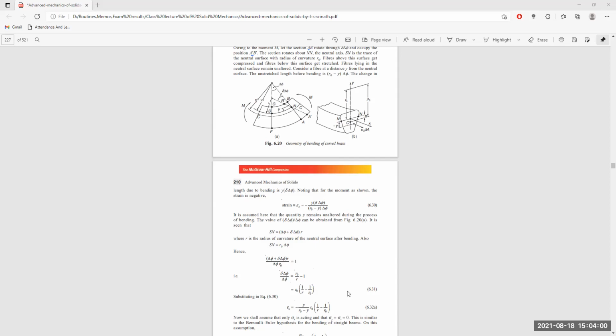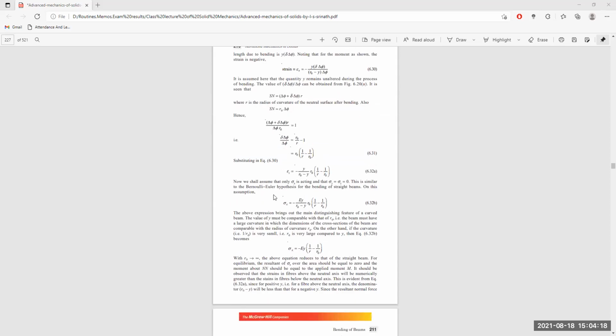Now, if we substitute in equation 30, epsilon x will be y by R0 minus y into R0, 1 by R minus 1 by R0 itself. Now, we assume that only sigma x is acting and that sigma y and sigma z are not acting at all.